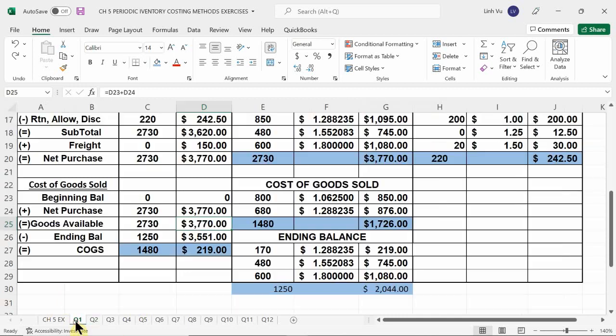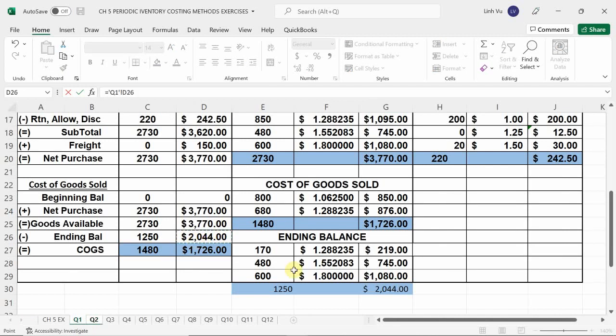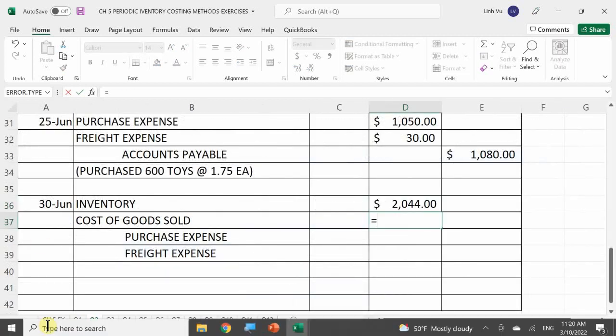All right, I gotta change a bit. So in this case, my cost of goods sold should be this number here. Okay, there you go. So my ending balance should be 2,044. So that's what I gotta put in my journal, is my ending balance is going to be at 2,044.